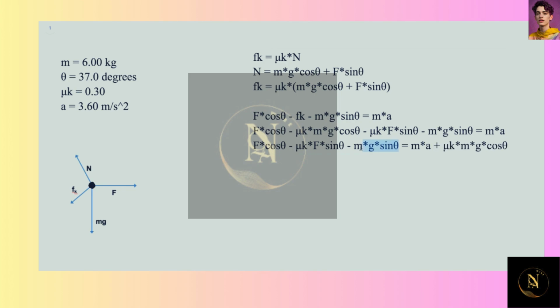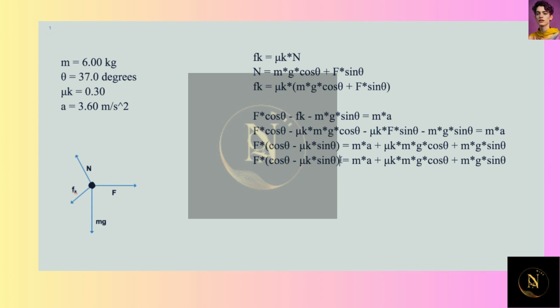And I'm going to add this term to the right side. So we now have these two terms with F, so I can pull out the factor of F. That's going to leave cosine of theta minus mu k sine of theta. And so finally, to solve for F, we just want to divide both sides by this entire term here.